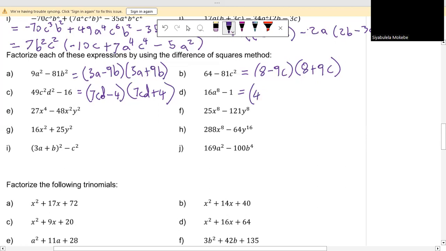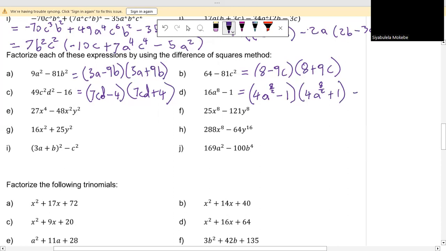Now the square root of a to the power of 8, remember, is 8 divided by 2, minus the square root of 1 is 1. Then 4, a to the power 8 divided by 2 plus 1.